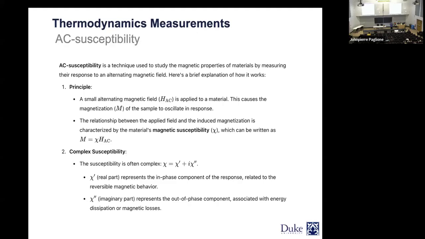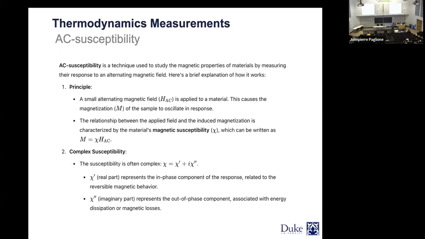Now, we're going to have a small alternating magnet, and it's going to be measuring the magnetic properties of the system, or M, as this magnetic field is oscillating. Okay? Now, the relationship between these two, M is going to be chi H, so you're measuring M, you're applying H, and chi is the connection between them, the AC susceptibility.